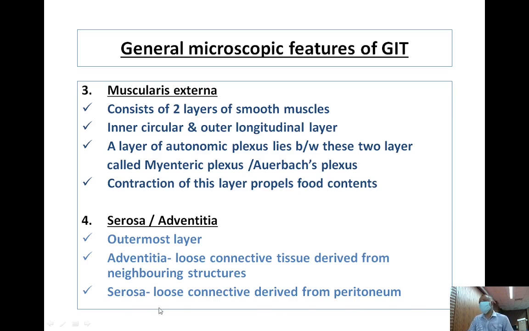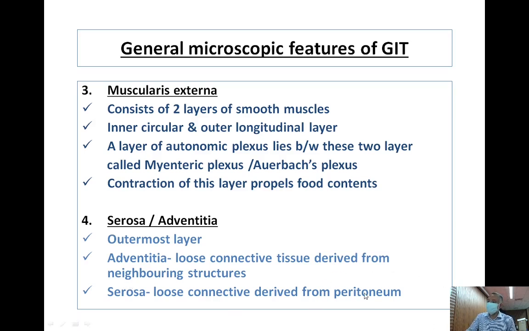That means those parts of the GIT which are intraperitoneal, in those cases we call it serosa. Intraperitoneal means when it is covered by peritoneum. If some part of the GIT is completely covered by the peritoneum, that means the outer layer is derived from the peritoneum.